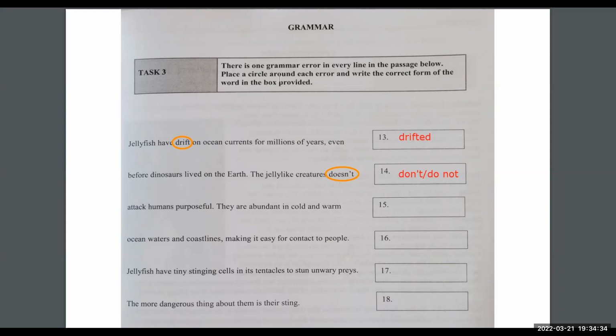Okay, good job so far. What about the third one? Purposeful. Beautiful. And why is purposeful wrong? Because of the ful at the end. So it should be purposefully, right?